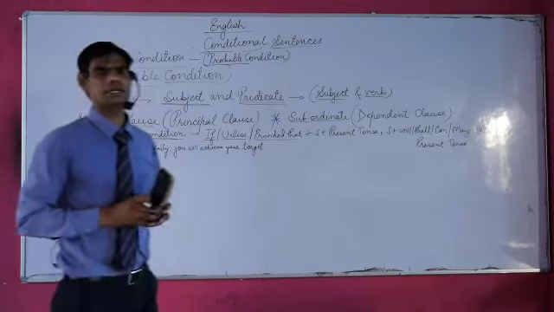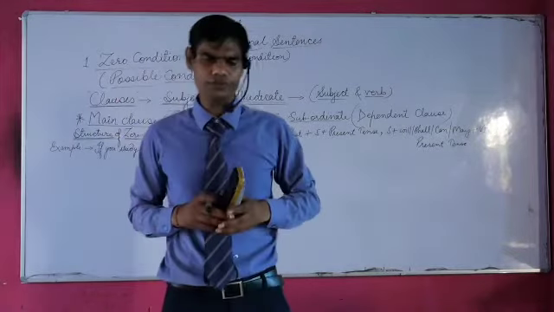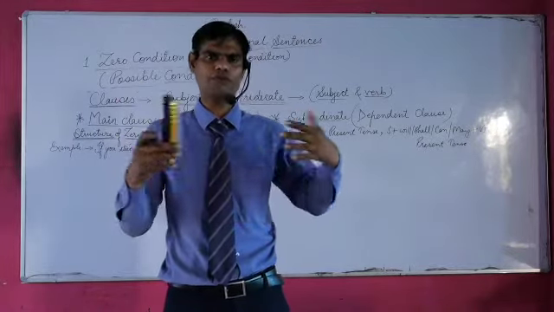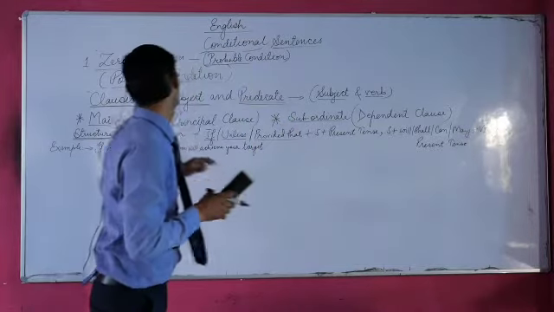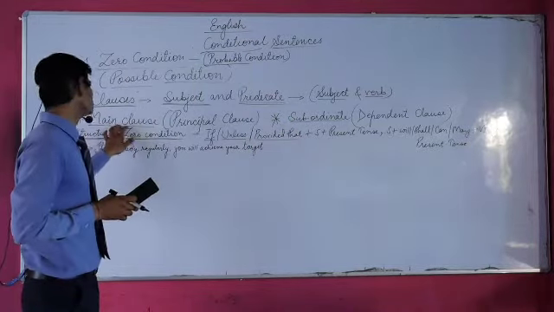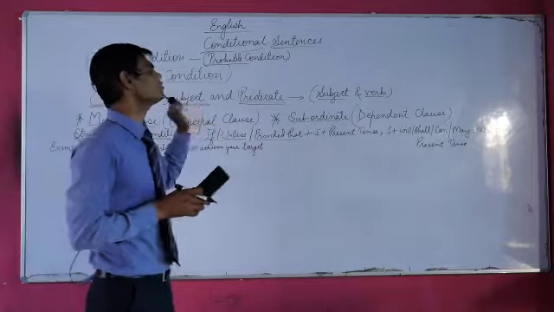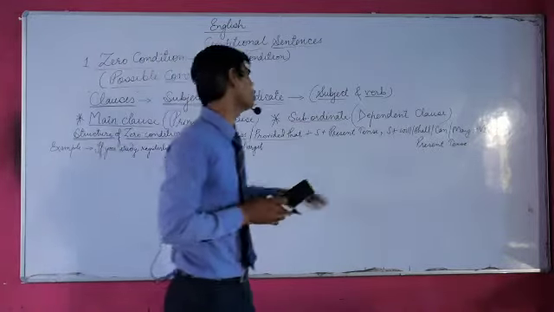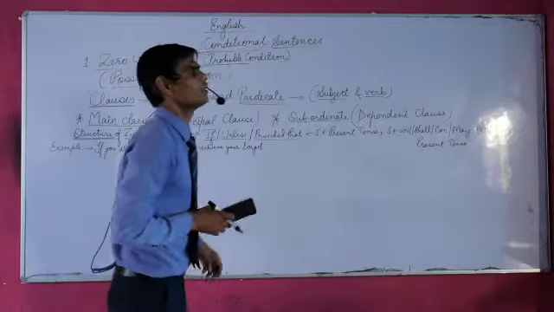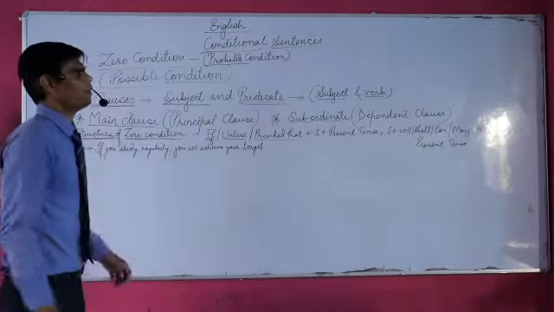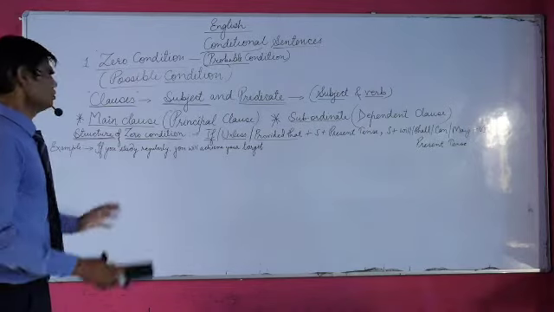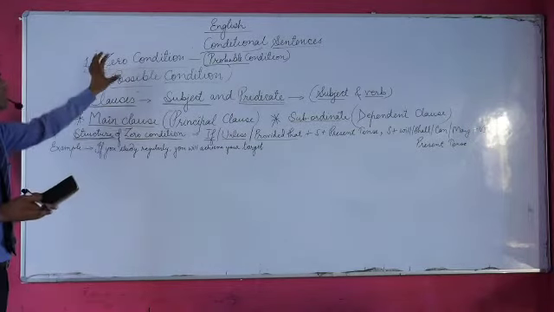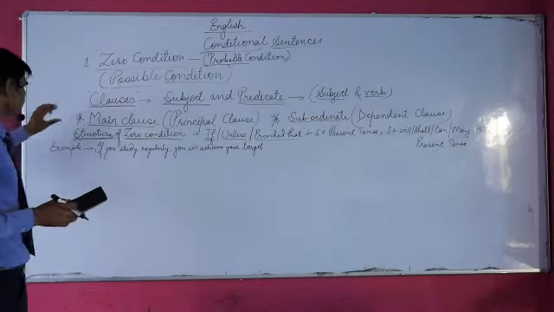Every conditional sentence consists of two types of clauses. The first is the main clause, also known as the principal clause, and the second is the subordinate clause, also known as the dependent clause.